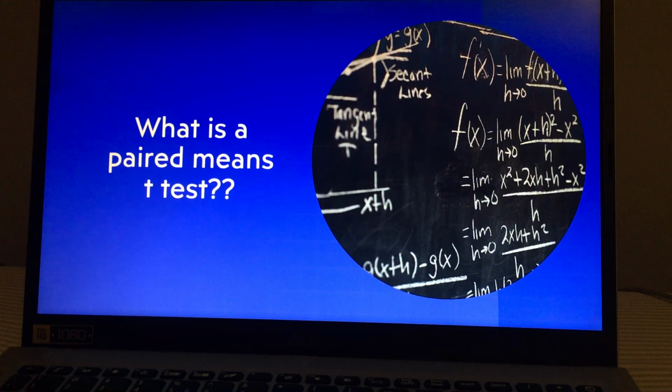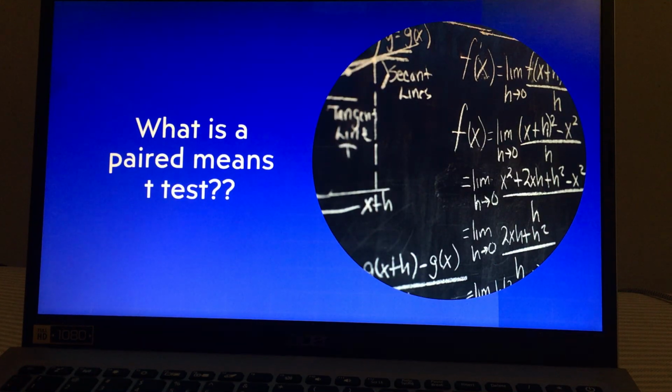There is an average improvement of 1.4 points from test 1 to test 2, and this is significantly different from zero, with t(19) equaling 6.48 and a p-value of less than 0.001.